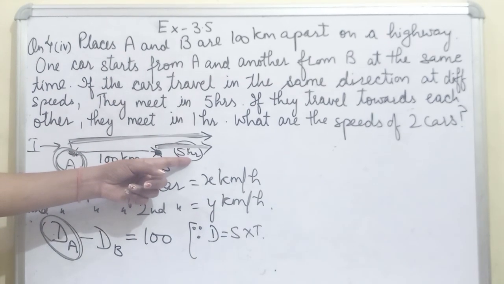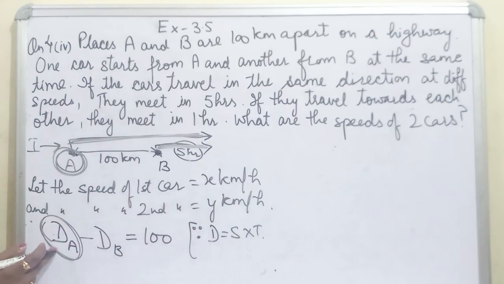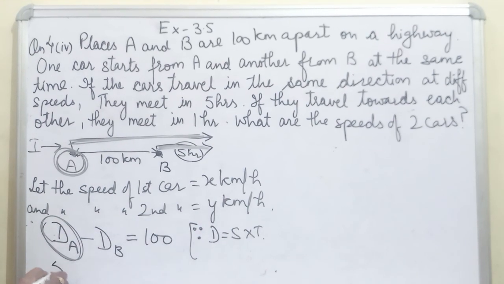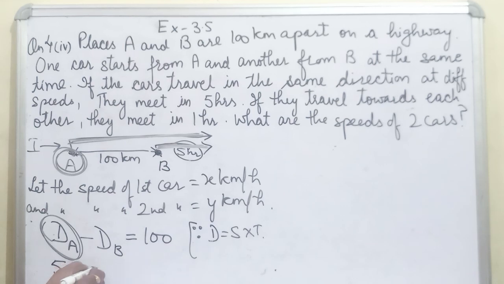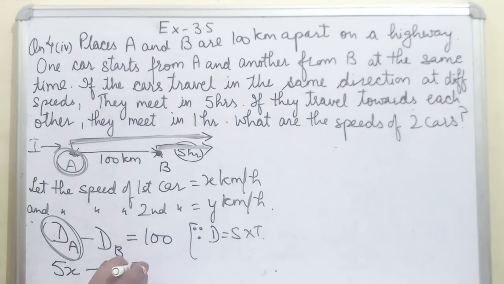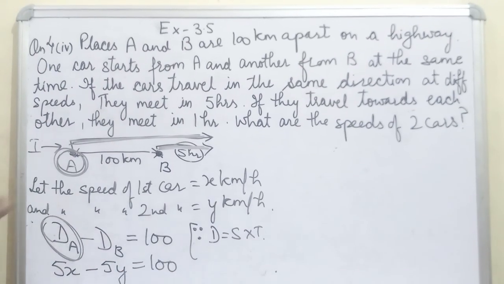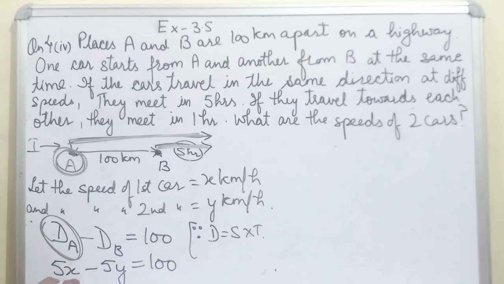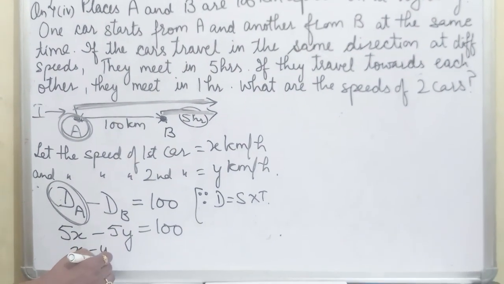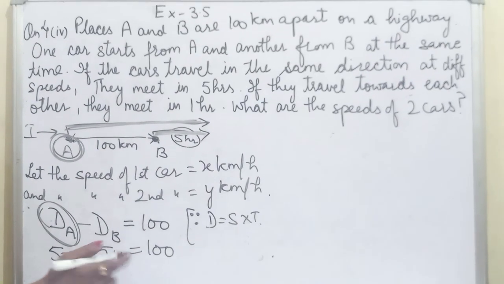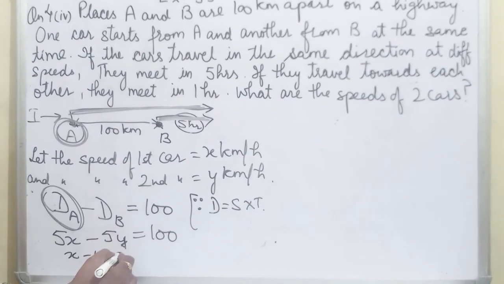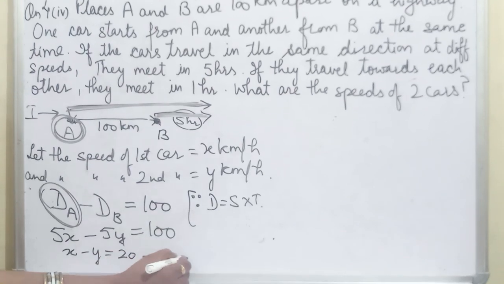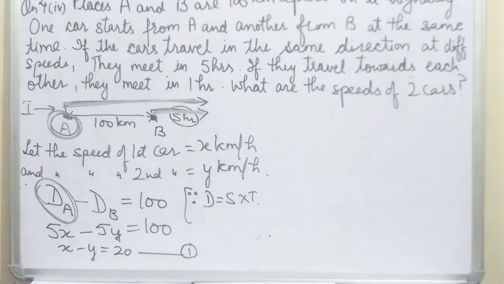So the distance is 5x minus 5y equals 100. What do you get after taking common? 5 times (x minus y) equals 100, so x minus y equals 20, and this will be the first equation.